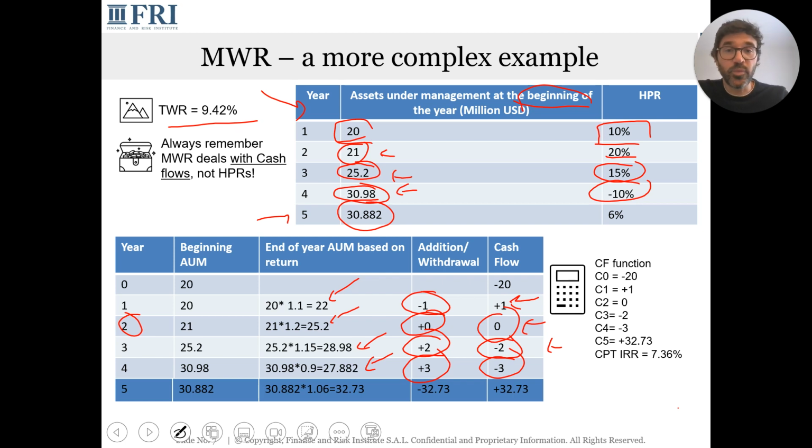And finally, we started the beginning of year 5 with 30.88 million, on which we made 6% for an ending value of 32.73. Listen very carefully. They might not tell you on the exam, please consider that at the end of year 5, the portfolio is liquidated. But to calculate a return, you must consider that.